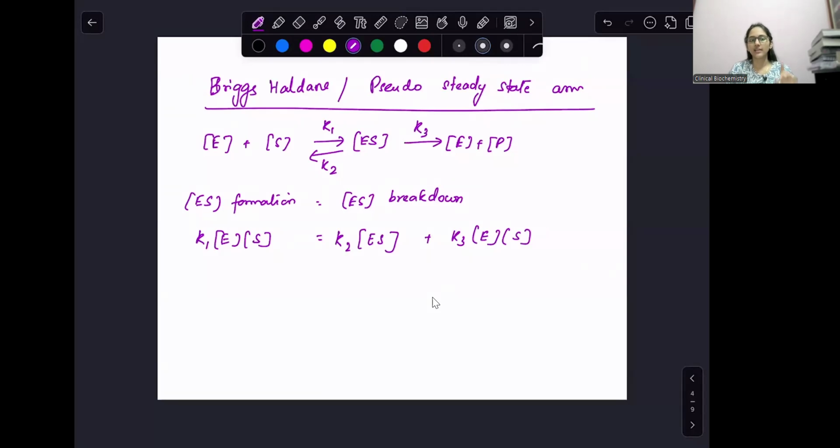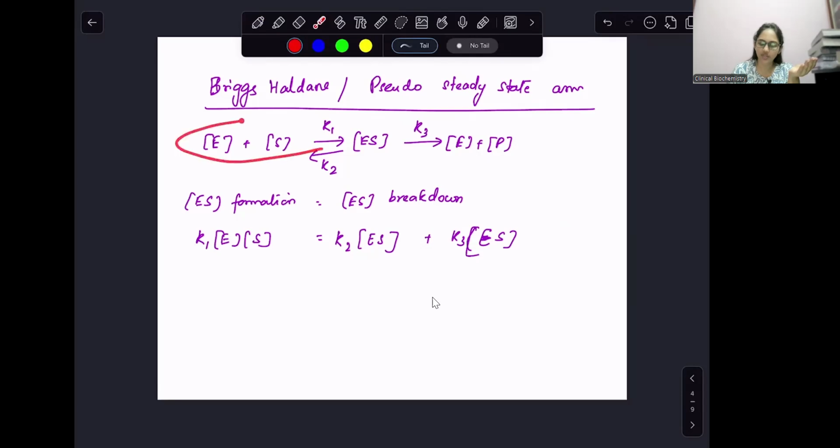Let me just repeat it again. Enzyme substrate complex formation is equal to enzyme substrate complex breakdown. For formation, it's the forward reaction: enzyme plus substrate into rate constant K1, which is equal to rate constant K2 into enzyme substrate complex or rate constant K3 into enzyme substrate complex.